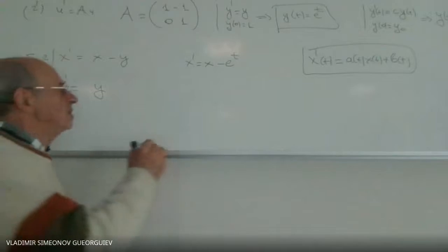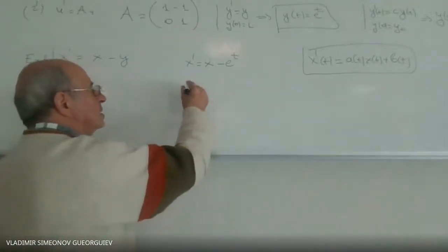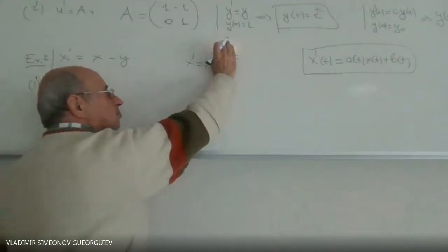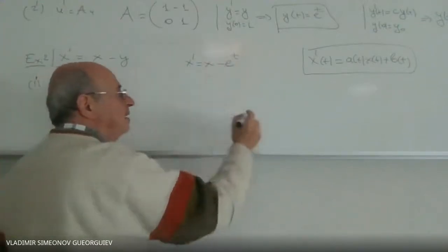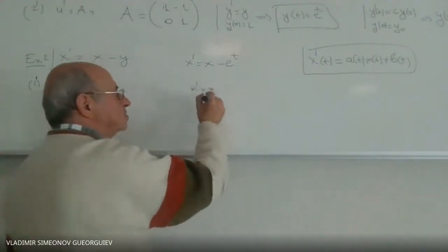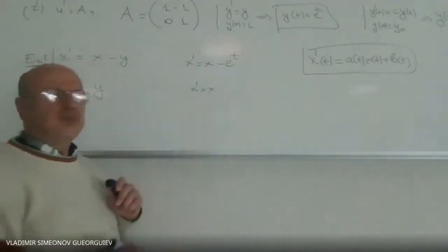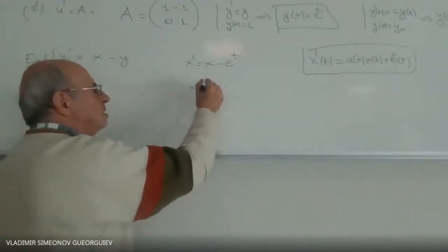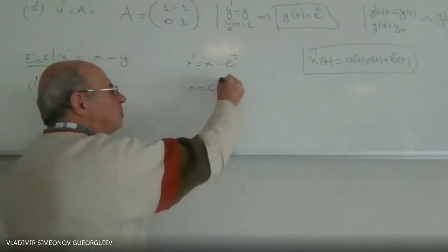We first forget about b, and then we solve formally x prime equal x. This equation we know how to solve. The solution x shall be c a to the power t.